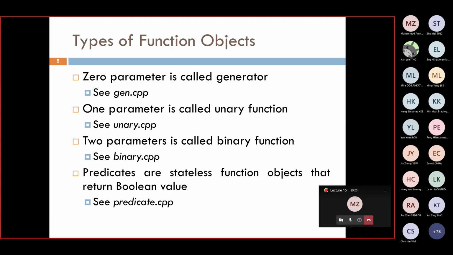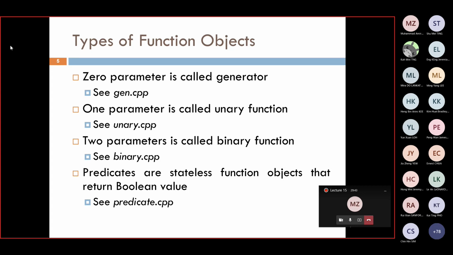Similarly, a function object that doesn't have any specific state associated with it that changes every time it is called is stateless. So a predicate is a stateless function object that returns a true or false value. So we'll look at some examples of that.